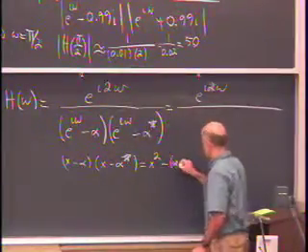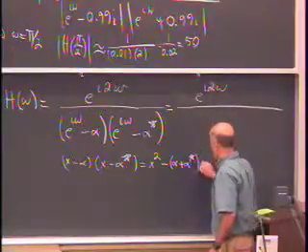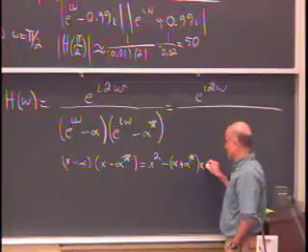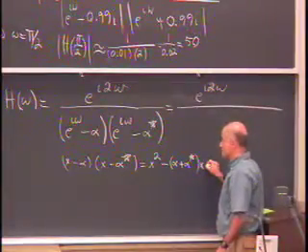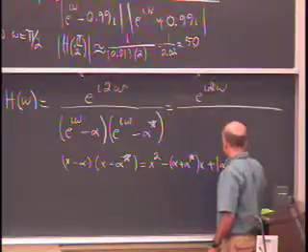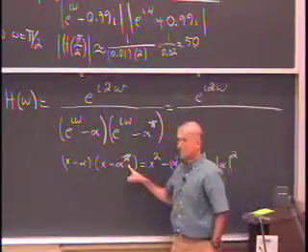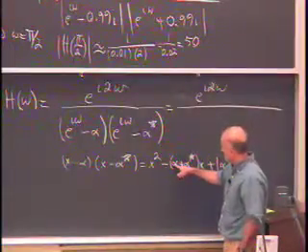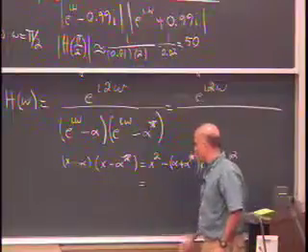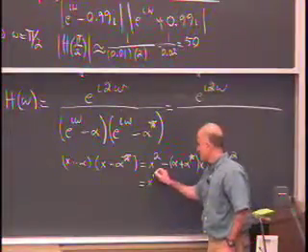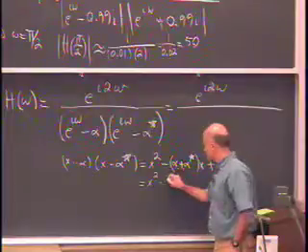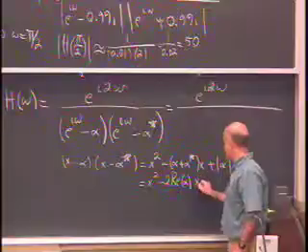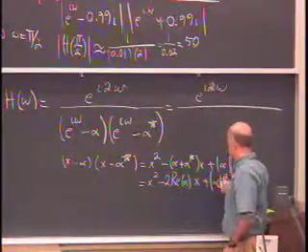So it's minus alpha plus alpha star x. And what's the last term? Alpha times alpha star is magnitude alpha squared. Minus times minus is plus. So what do you get when you add alpha and its conjugate? Minus 2 times the real part of alpha x plus magnitude alpha squared.